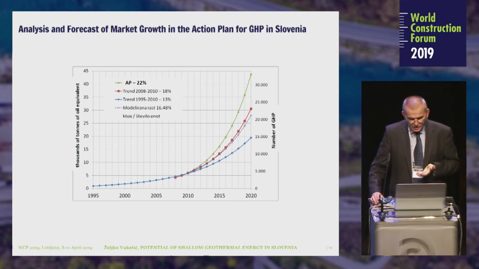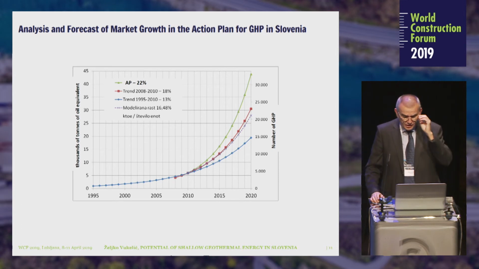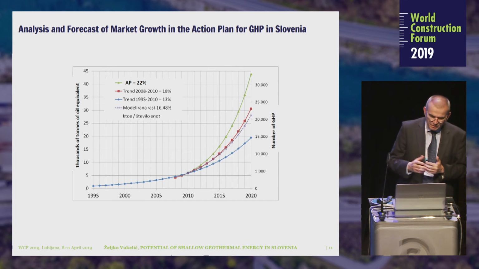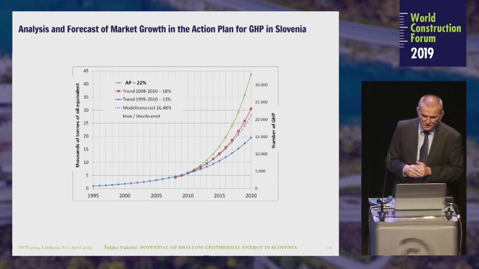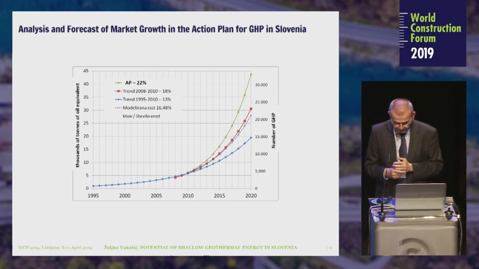But generally, if we have the trend of 2008, 2010, we see 18% rising, so maybe the real number in 2020 will be a little more than 20,000 heat pumps in Slovenia.